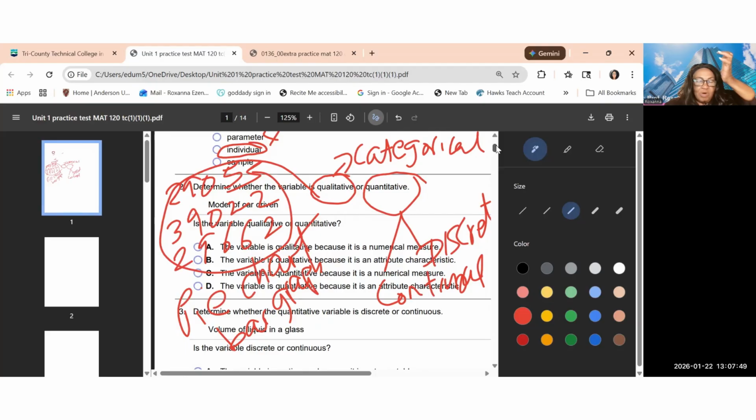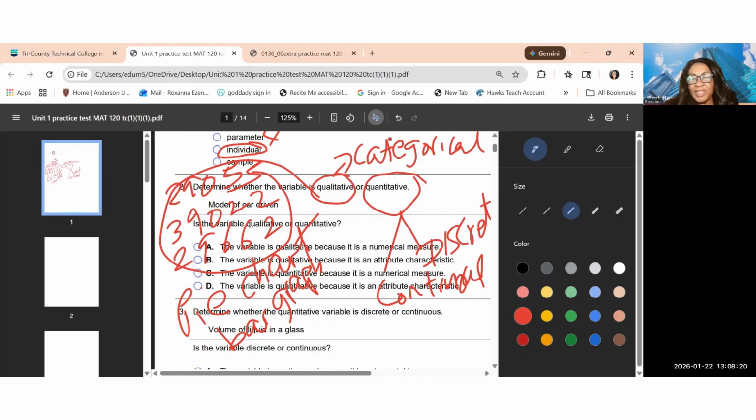It can have decimals. If a variable is continuous, it is measurable. Arithmetic makes sense. If it's discrete, it's quantitative. If it is continuous, it's quantitative also.